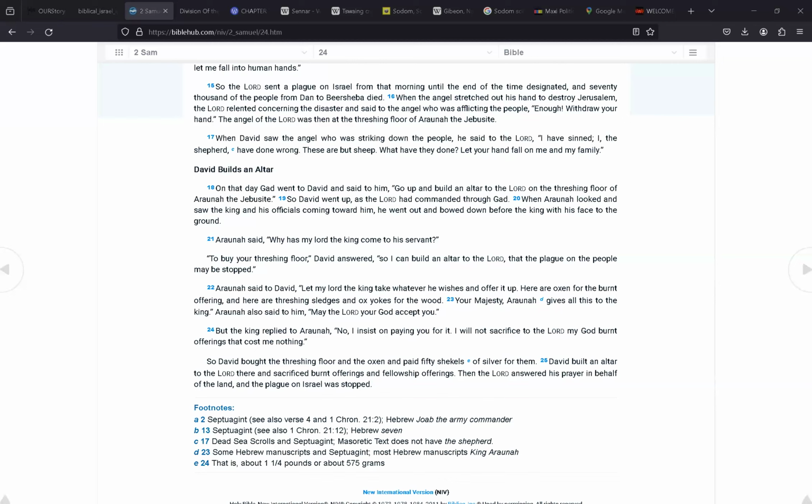So if you did the Hebrew letter definition of Aruna, it would be Aleph, Resh, Vav, Nun, He. Aleph is leader, ox, strength. Resh is the head, chief, indicating prominence or authority.